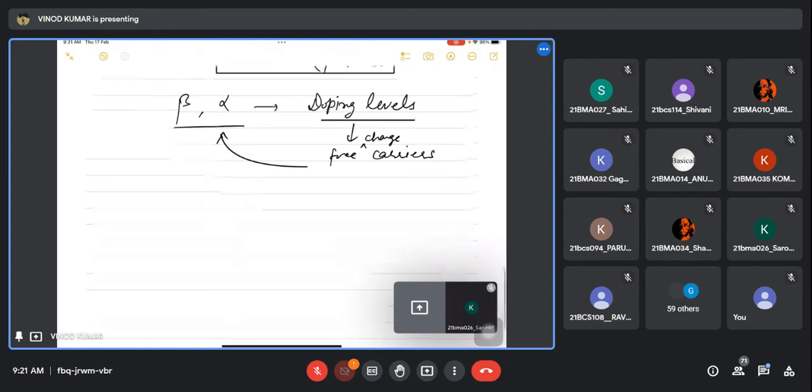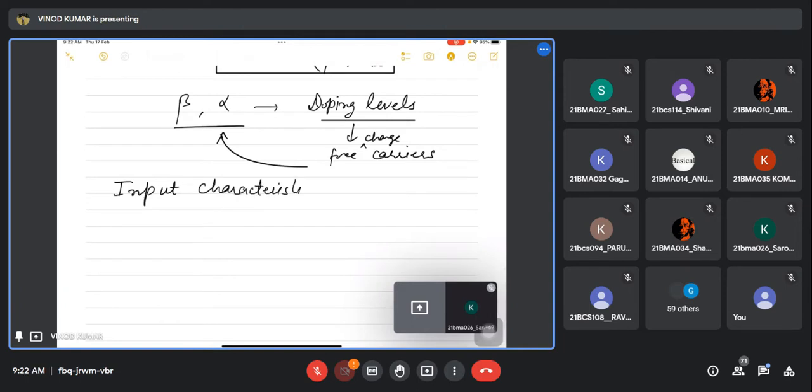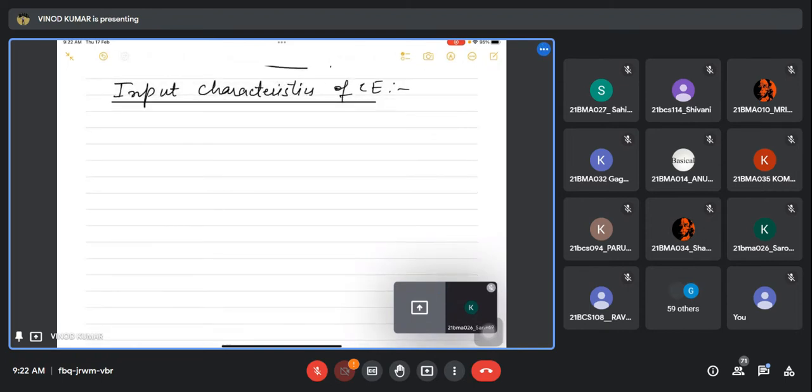For input characteristics, we are just varying the input and we fix the output, like this VCE we are fixing, or this we are going to vary.